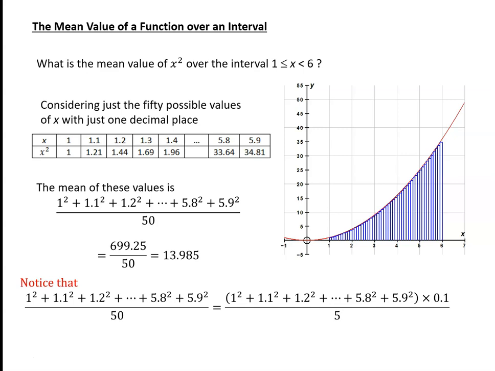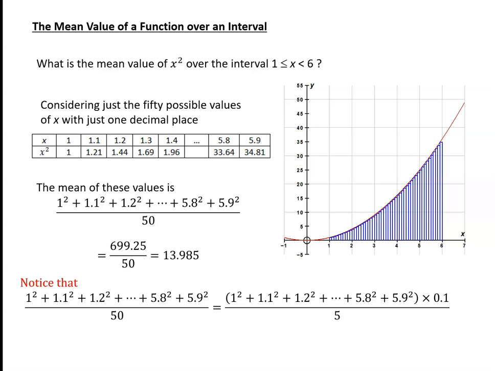So how can we look at this then? We've got 1 squared plus 1.1 squared plus 1.2 squared all the way up to 5.9 squared divided by 50, and we can say that that is 1 squared plus 1.1 squared plus 1.2 squared all the way along to 5.9 squared times 0.1 divided by 5. And the 1 squared times 0.1 is the area of the first rectangle.